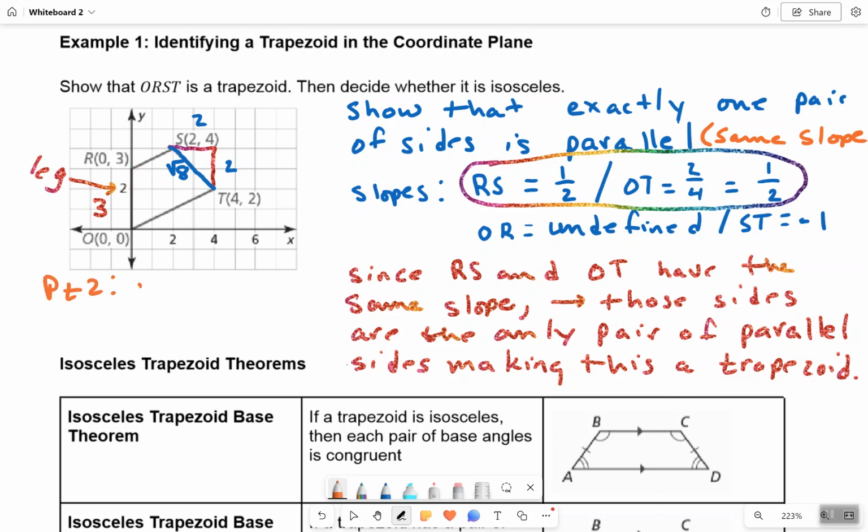The distance from O to R does not equal the distance from S to T. So isosceles or not isosceles? Oops, I spelled that wrong. I forgot the S. This is not isosceles.